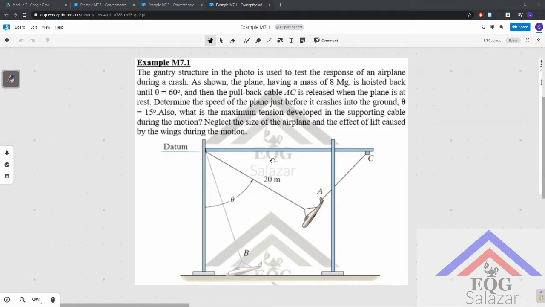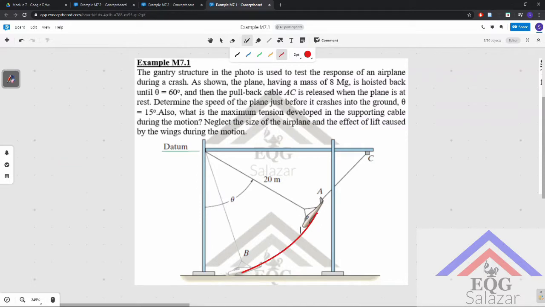Okay, so let's try and understand how this problem works first. So we have a plane here. When you release it from rest, it's going to go about in a circular motion, somewhat like that.